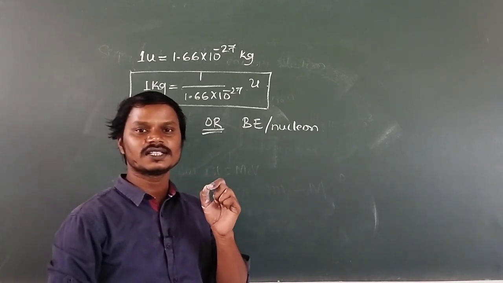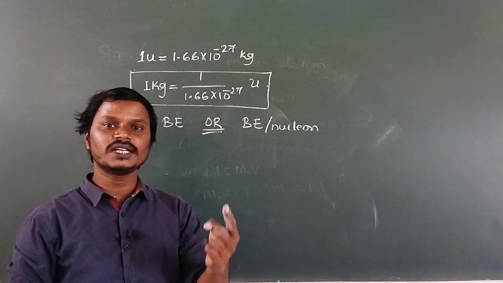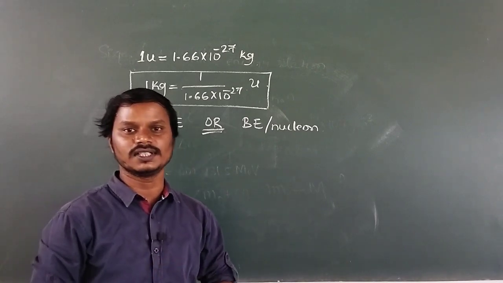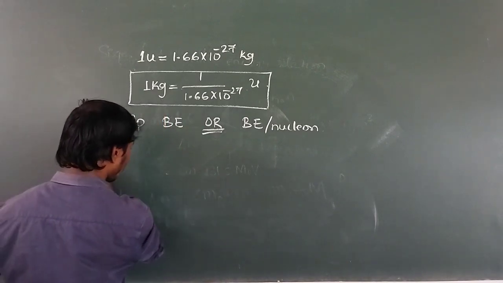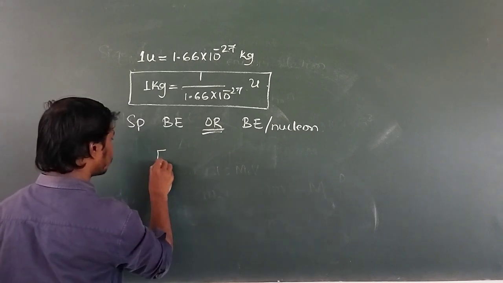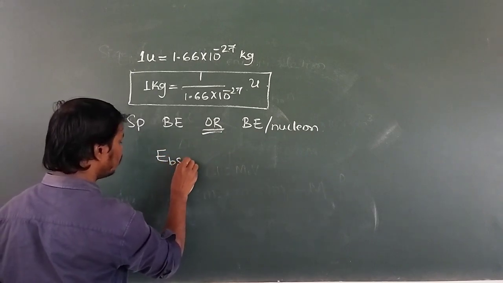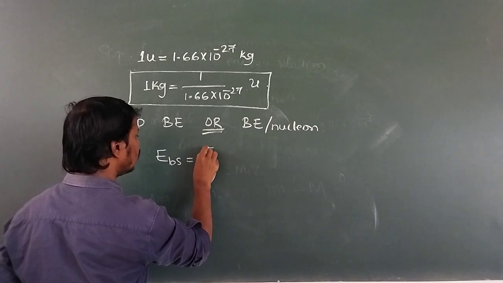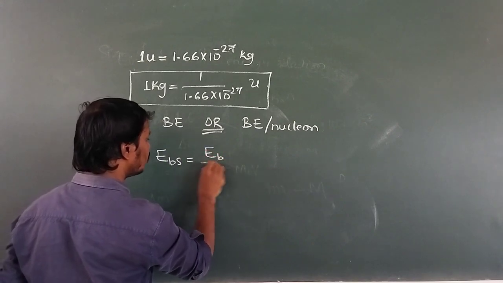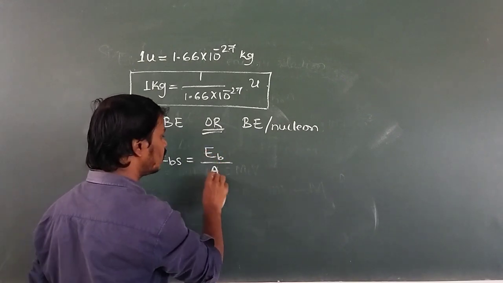It is the average energy required to separate one nucleon from the nucleus. Specific binding energy can be represented by EBS, which is equal to the binding energy divided by the mass number, EB by A.